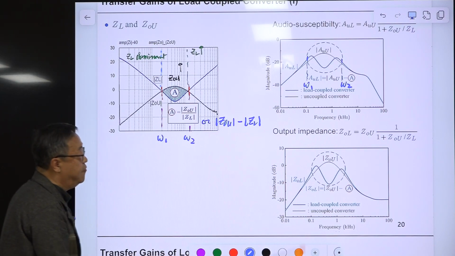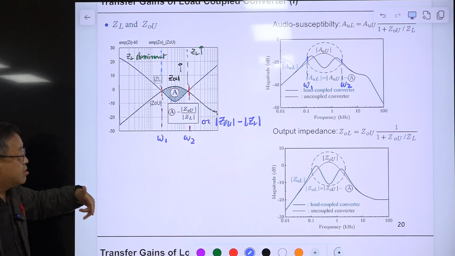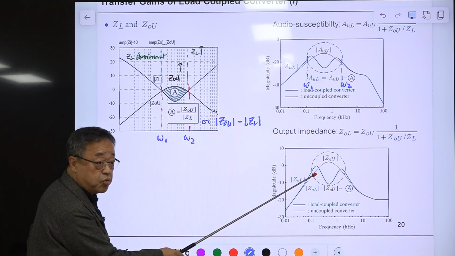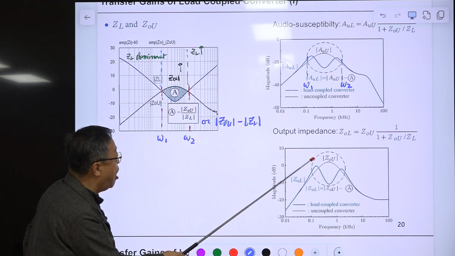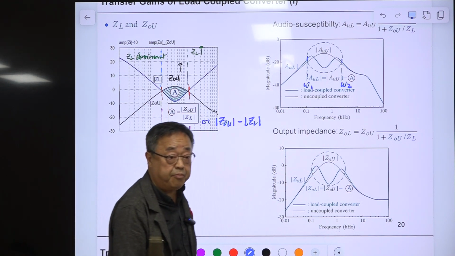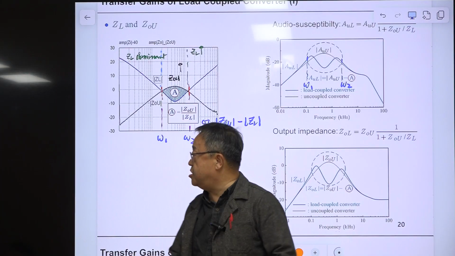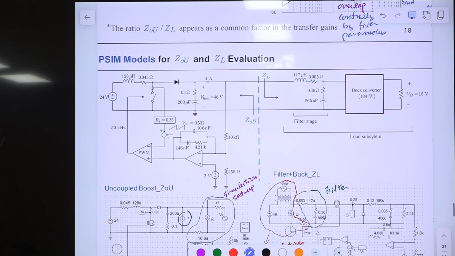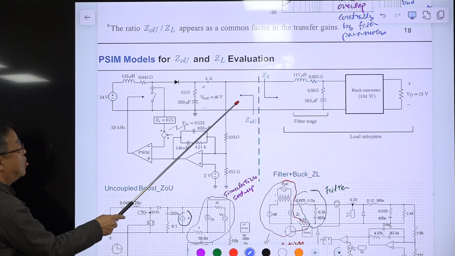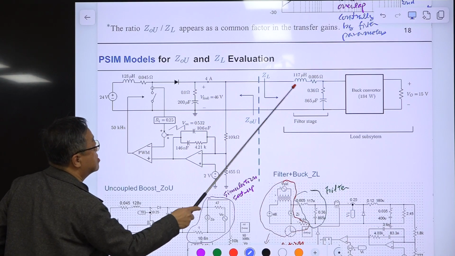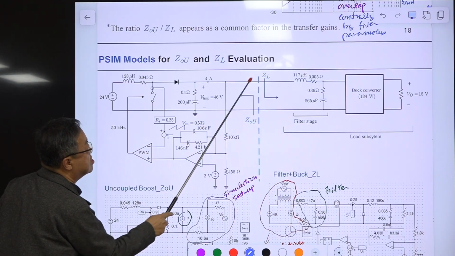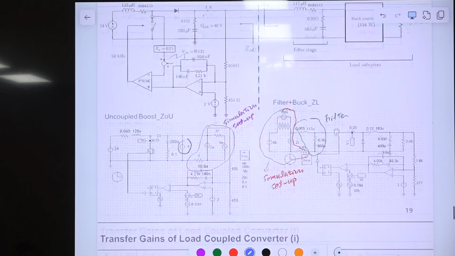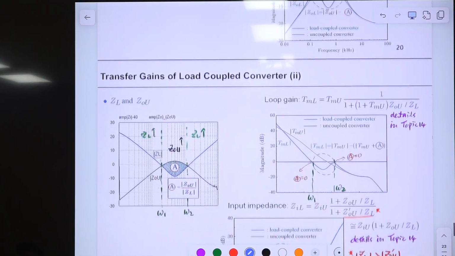And from this graph, we directly predict the transient behavior of the output voltage, the step load transient response of the output voltage of the load coupled converter, which for this case is the link voltage. So this is the output of this converter, and this load impedance is in parallel with this. So that transient response will be the transient response of the DC link.